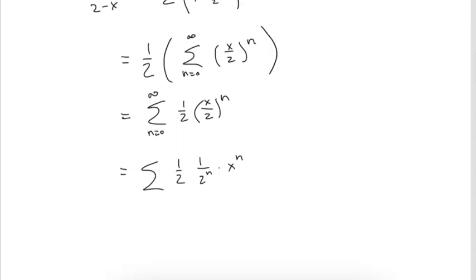And then actually you can simplify this very slightly by just combining the 1 over 2 times 1 over 2 to the n gives me 1 over 2 to the n plus 1, right? You get just an extra 2 on the bottom. This is the power series.